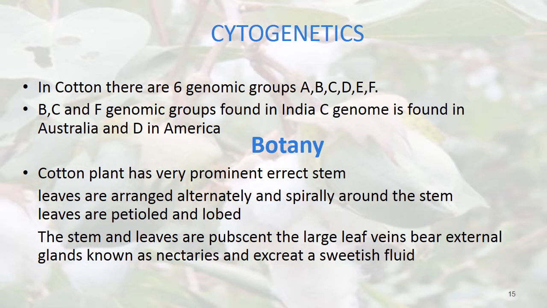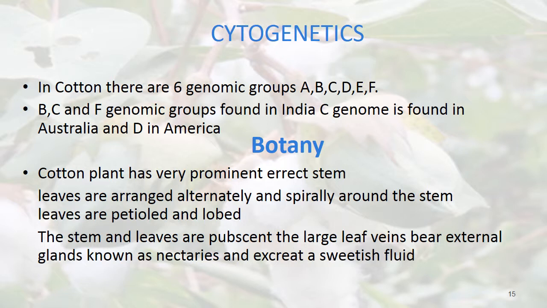Then B, C and F genomic groups are found in India. I repeat, B, C and F genomic groups are found in India. Then C and E belong to Australia and D to America.